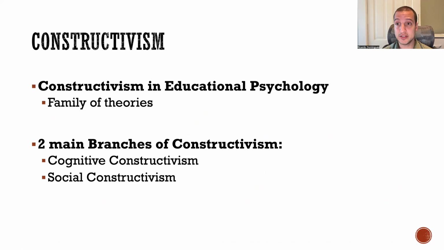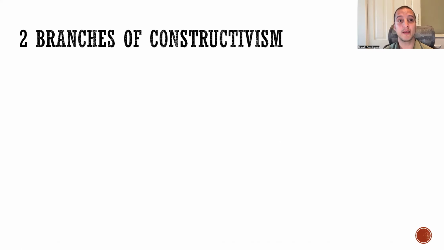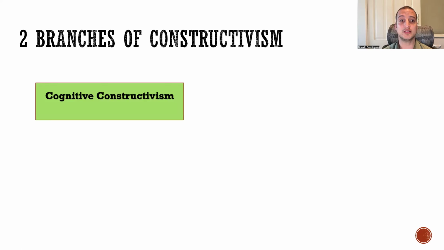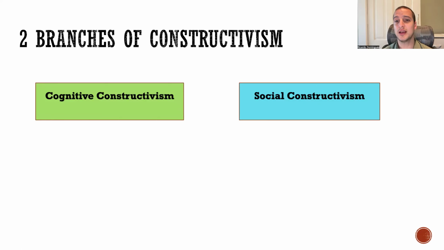Those families of theories can be divided into two main branches. A common approach to understand constructivism in educational psychology is by dividing those theories into two main categories: cognitive constructivism and social constructivism.